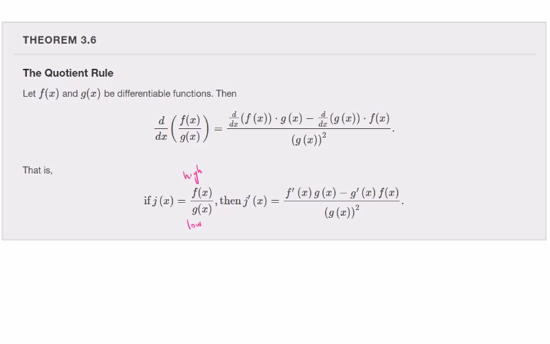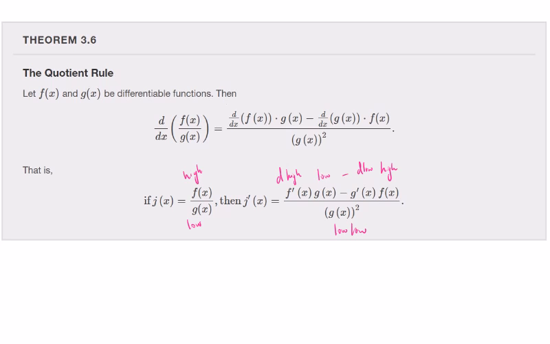But I've heard people say low d high, so in other words, low times the derivative of the high, minus high d low, so it's kind of backwards the way they write it here, over low. So low function times itself is low squared. So that's not a minus, so we'll just say low. Okay, so low d high minus high d low over low.